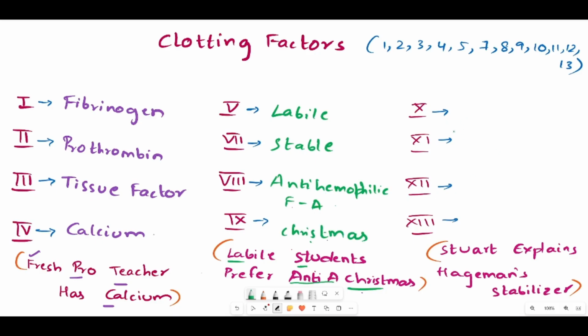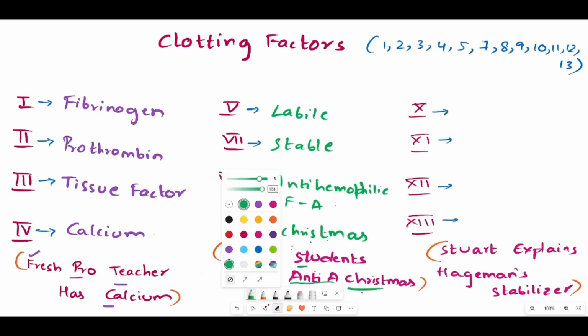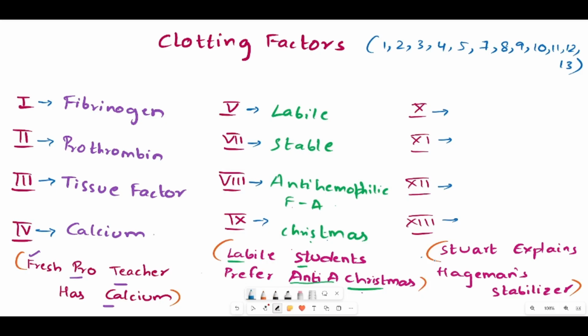Now coming to the next four factors. Here remember: Stuart Explains Hageman Stabilizer. Here Stuart means the 10th factor is the Stuart-Prower factor.